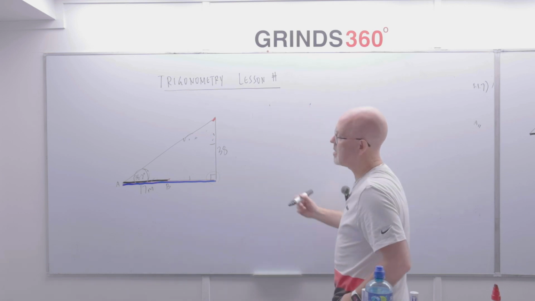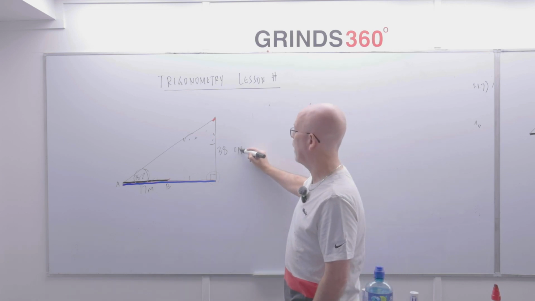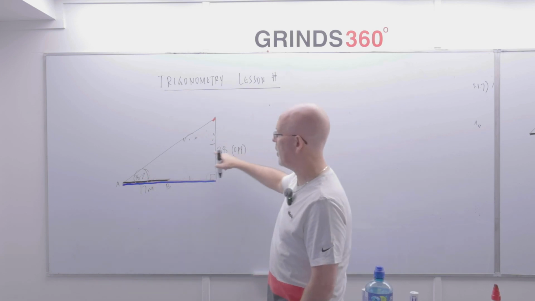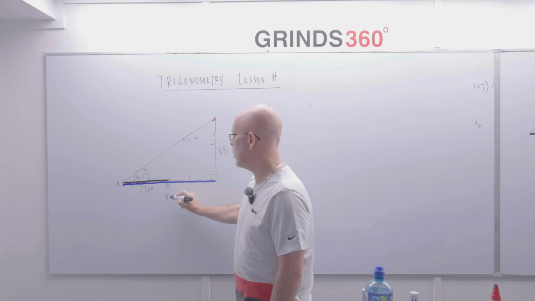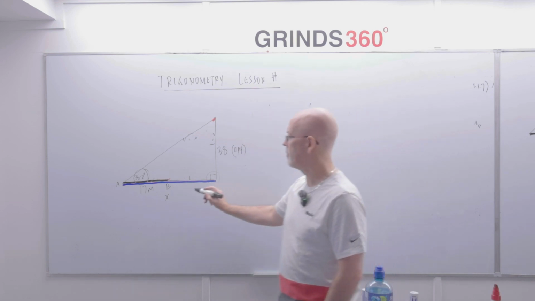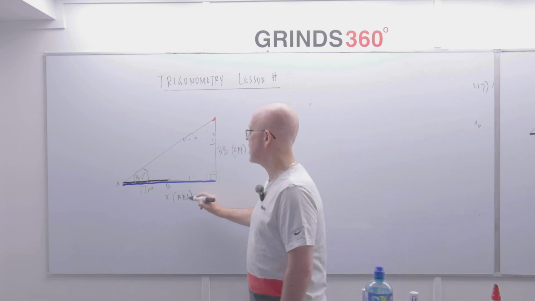So if I want to name the sides here, this is the opposite. It's opposite the 36.2 degree angle. That's the hypotenuse there, the one we're not concerned with. And this one here, we just call this blue side X, and that's the adjacent. Opposite and adjacent means tan.